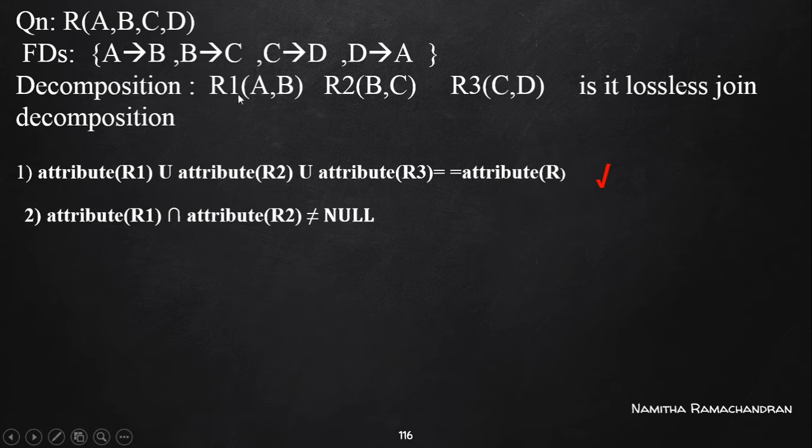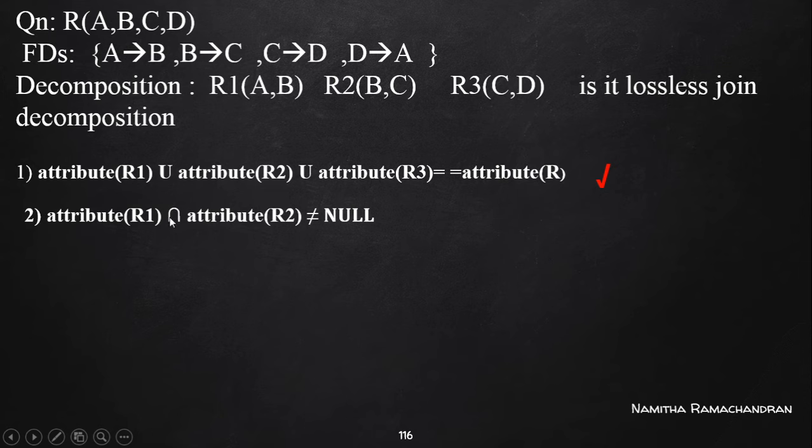We can start with R1 and R2: find attributes of R1 intersection attributes of R2. Intersection is a binary operation, working with 2 different sets, so we can consider any pair.